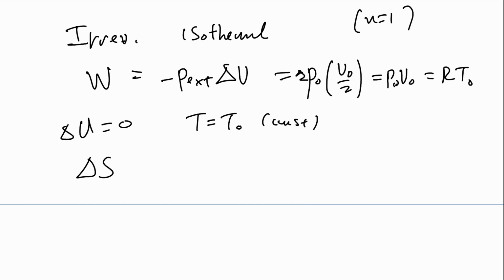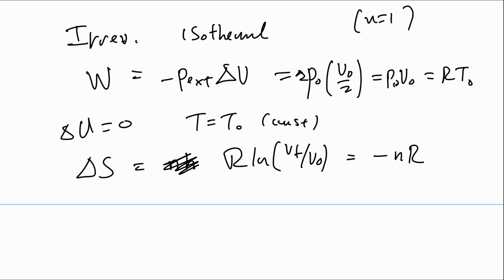Well, I just did that, didn't I? So delta S is going to be R log V final over V naught, which is minus R log 2. That's the general formula.